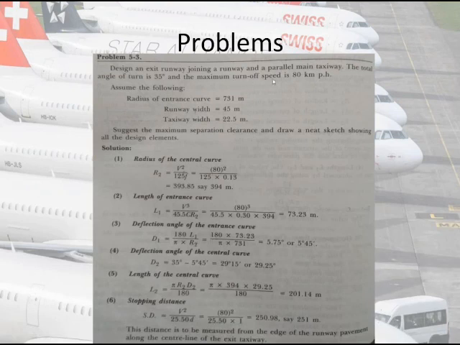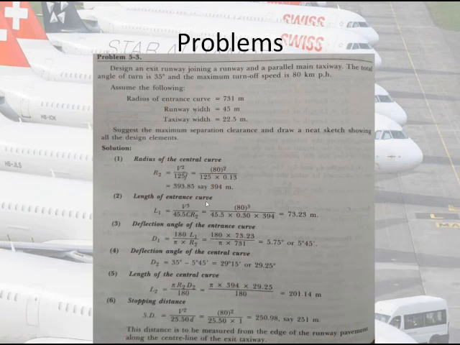The maximum turn-off speed is given as 80 kmph, so V is equal to 80, and f is the constant 0.13. We get a value of about 394 meters. So R2, the radius of the central curve, is equal to 394 meters.